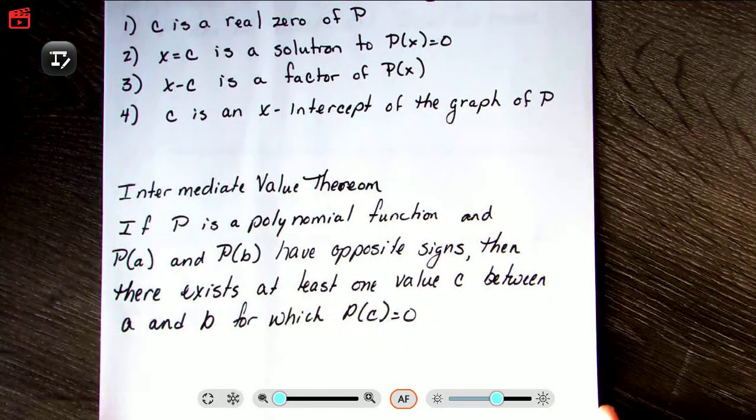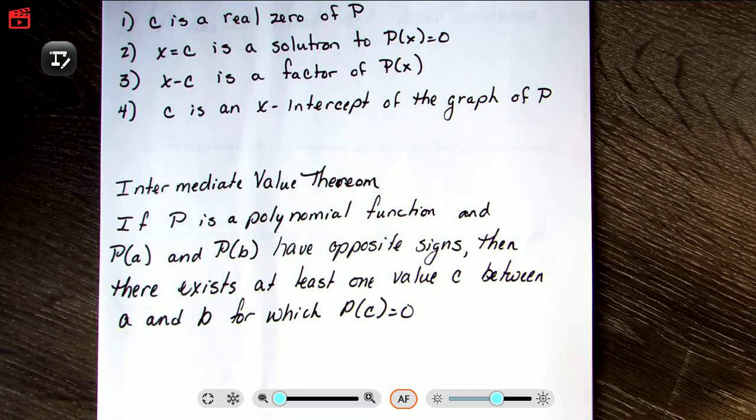This is called the intermediate value theorem. And it is very useful. It is used a lot of times in helping us find solutions because sometimes we can't do it algebraically.